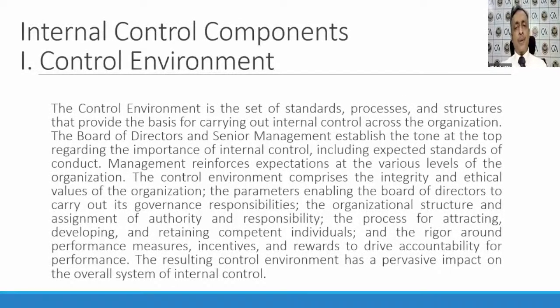The control environment comprises the integrity and ethical values of the organization, the parameters enabling the BOD to carry out the governance responsibility, the organization structure, assignment of authority and responsibility, the process for attracting, developing, and retaining competent individuals, those who understand controls, and the rigor around performance measures, incentives, and rewards to drive accountability for performance. The resulting control environment has a pervasive impact on the overall system of internal control. Pervasive means all prevailing. So you need to have a good internal control environment.